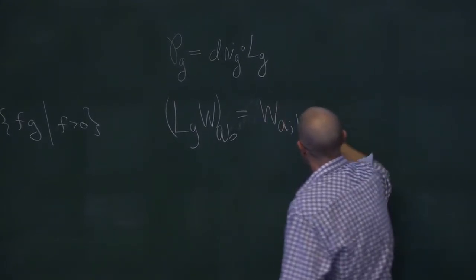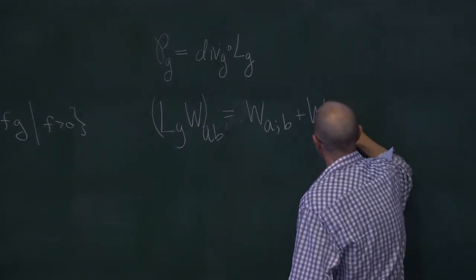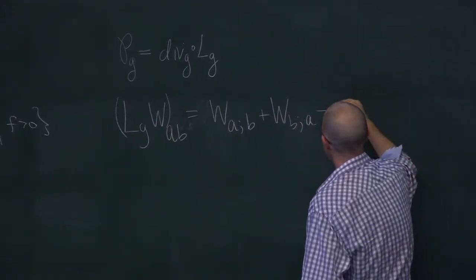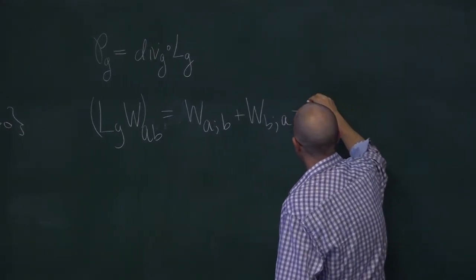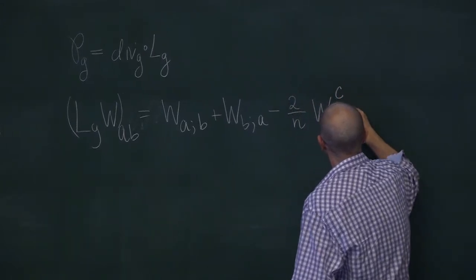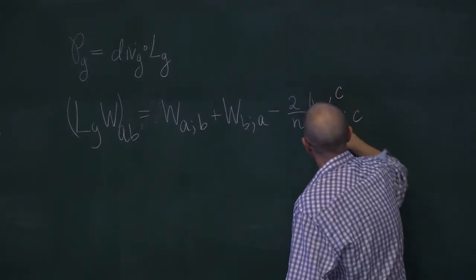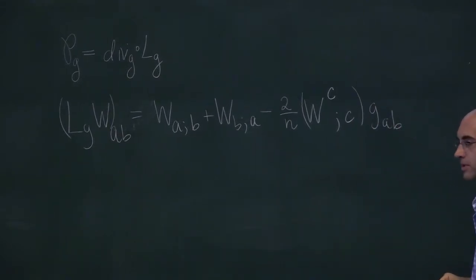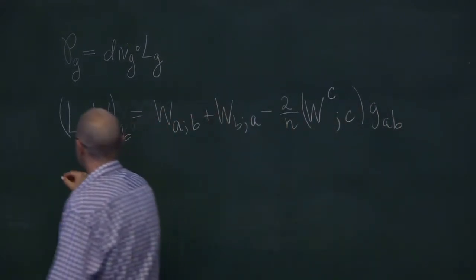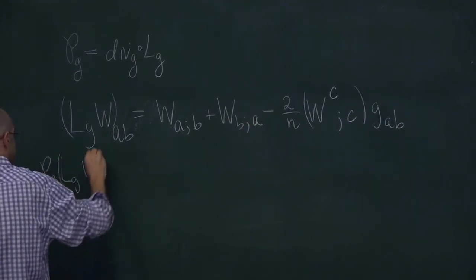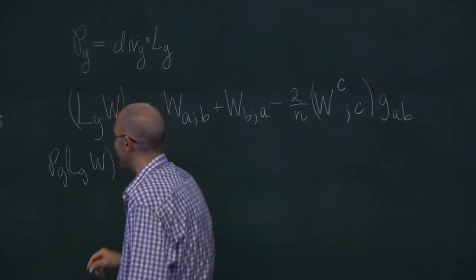So it's covariant derivative AB. So this is the Lie derivative part minus the divergence. Okay, so that's the conformal killing part, and then I think that's the slide I took out.